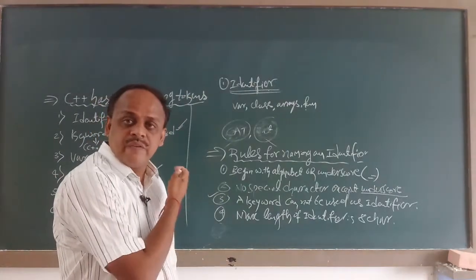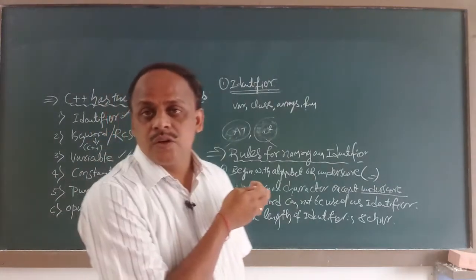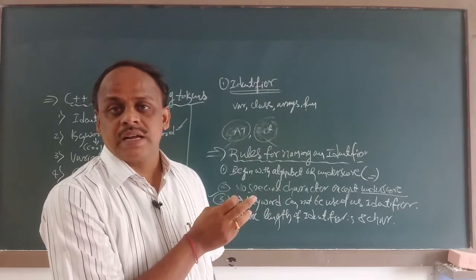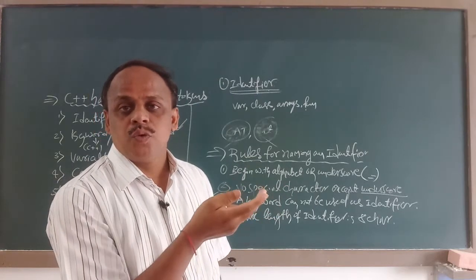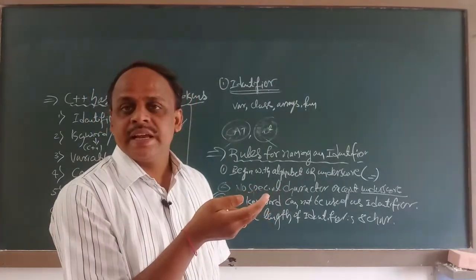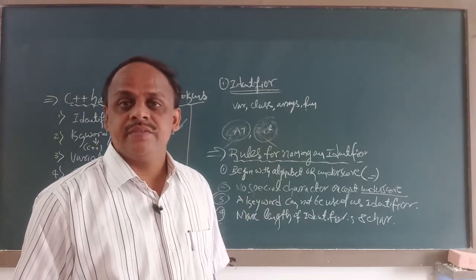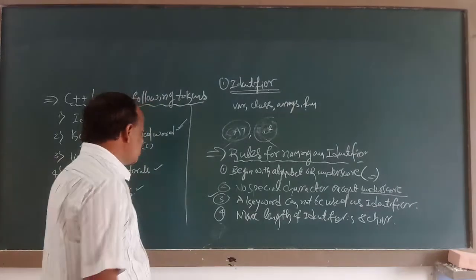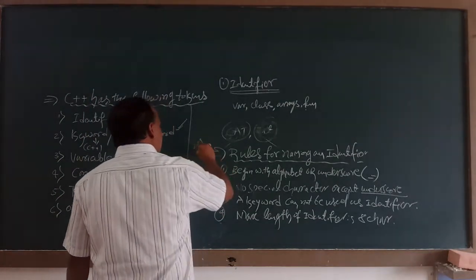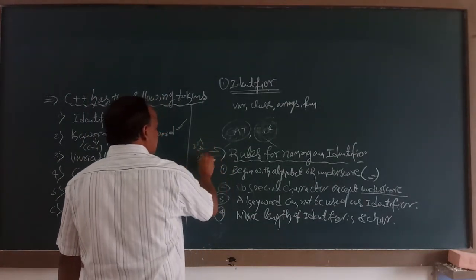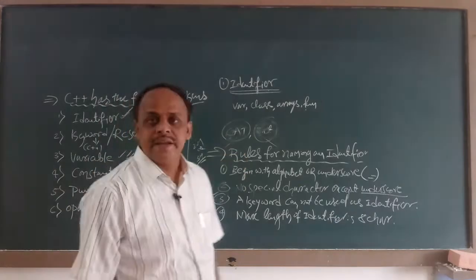These 4 points are very, very important. He is going to ask for 2 or 3 marks. At least any 2 rules for defining an identifier, or list any 4 rules for defining an identifier. Like this you may get a 2 mark question or 3 mark question on the rules of identifier.